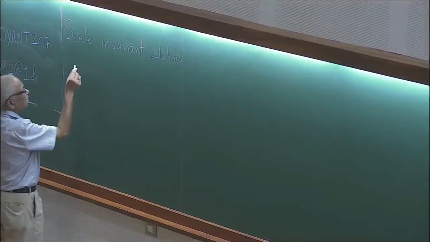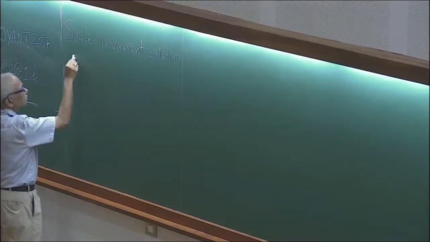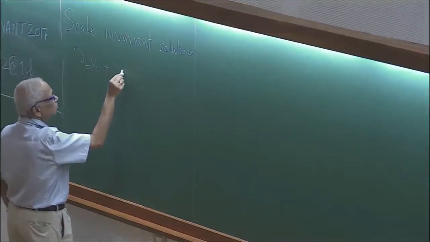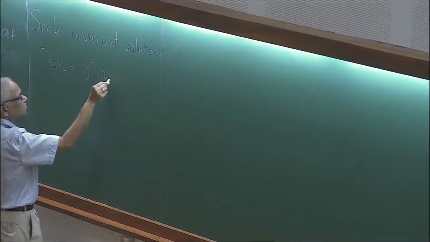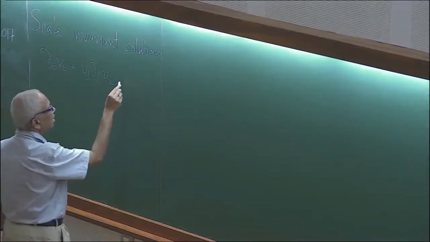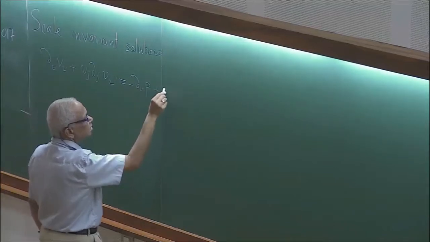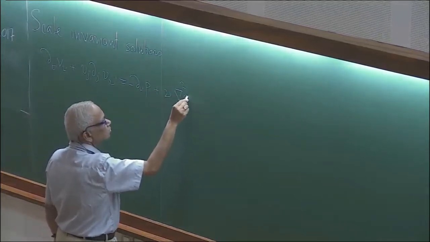And we'll start with the standard Navier-Stokes equation: ∂t vi plus vj ∂j vi equals minus ∂i p plus nu ∇² vi. So that's what we want to do.